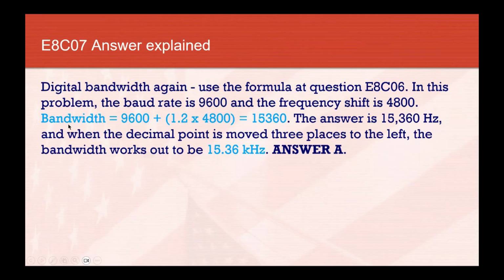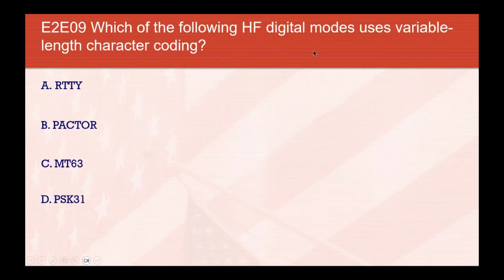The way it's calculated, we take the baud rate, which is 9600, times 1.2 times the 4800 rate. Gives 15,360. Moving the decimal point over 3 places gives us 15.360 kilohertz. Again, probably easiest just to remember the answer for that one.